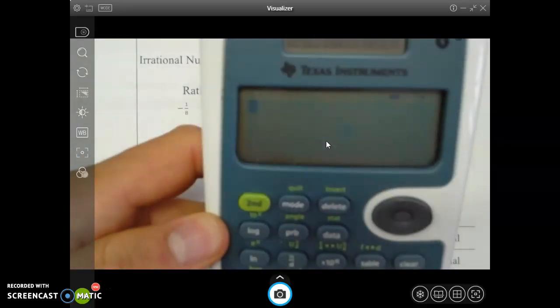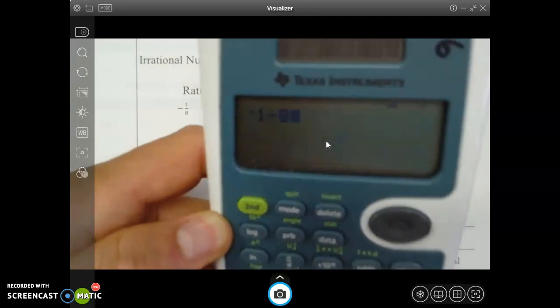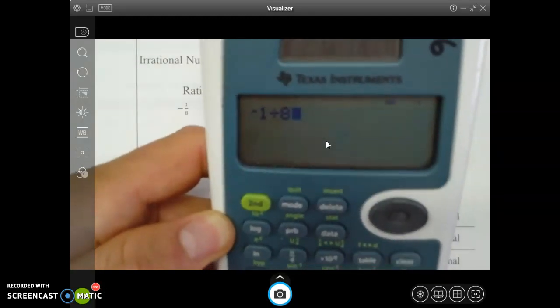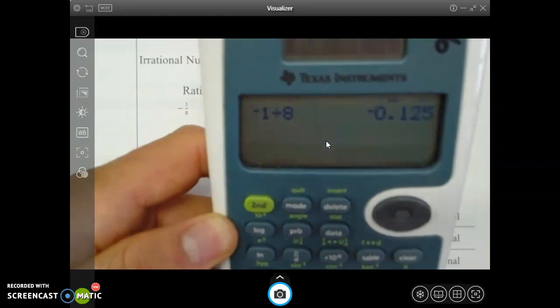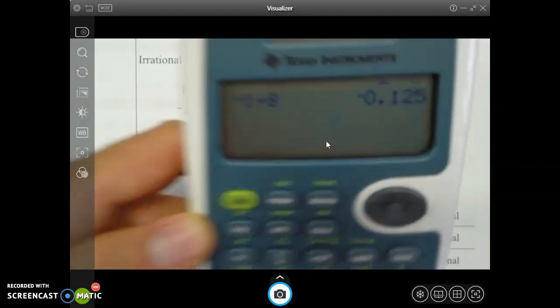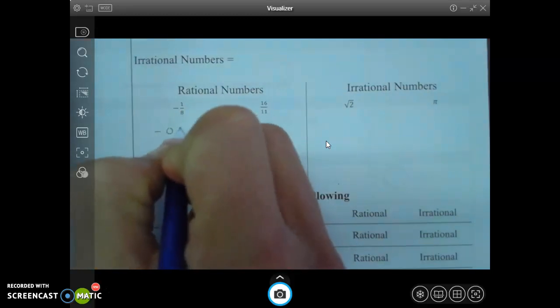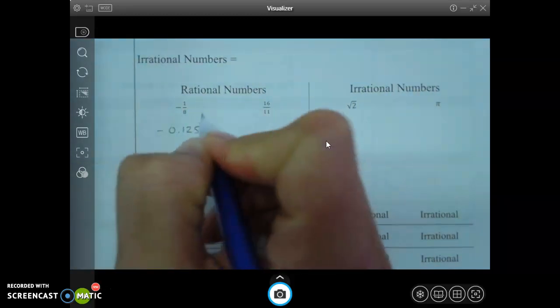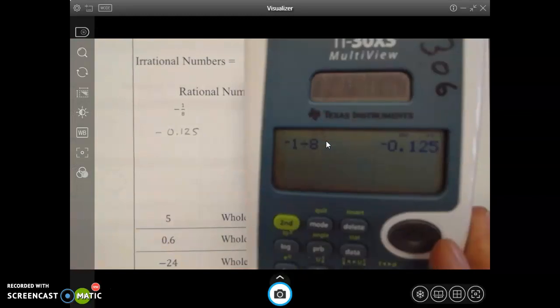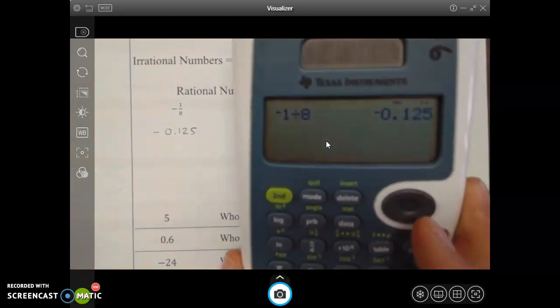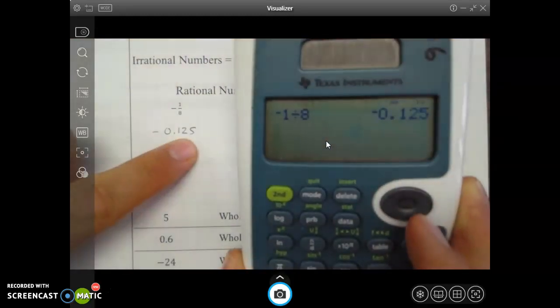I can do -1 divided by 8. Divide the numerator by the denominator, and I get -0.125. Okay? And then it terminates. It ends. It doesn't keep going. It just stops after 5.